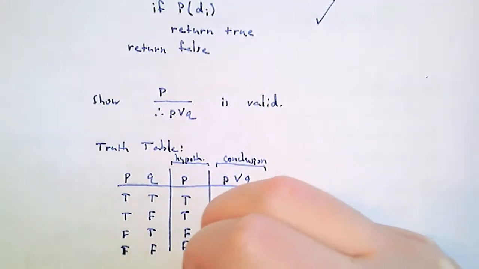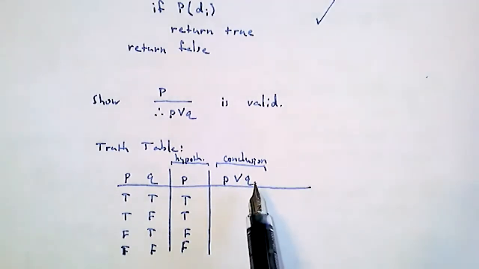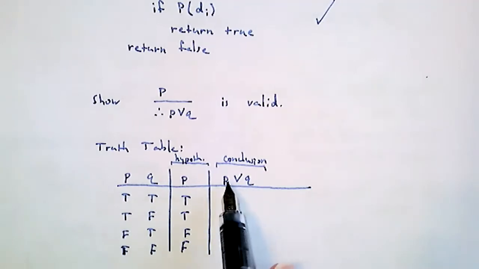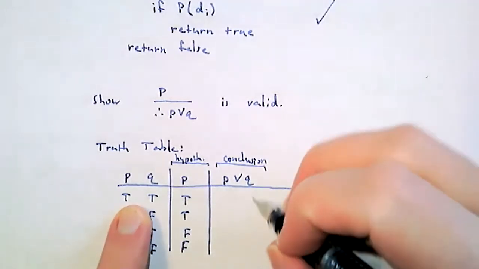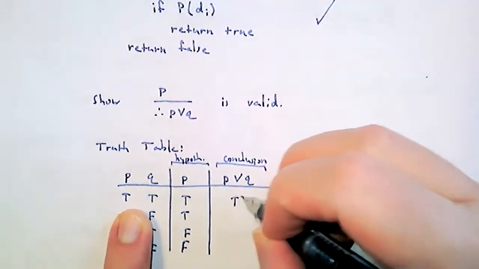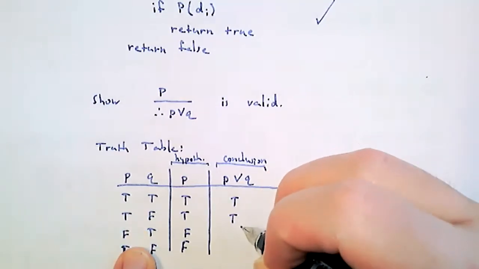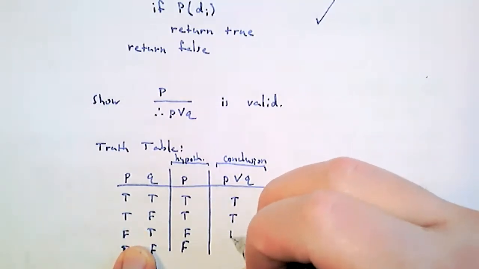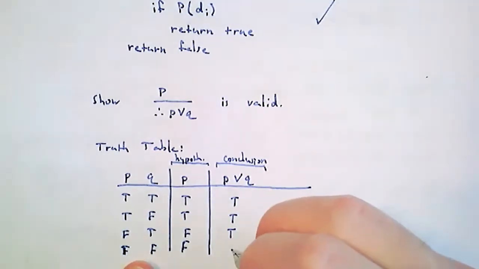And then the conclusion, P or Q, is true if at least one of these 2 arguments is true. So we have to go back over here. Here we have 2 truths. Here we have 1 true. That one also has 1 true. And then we have 0 truths, 2 falses.